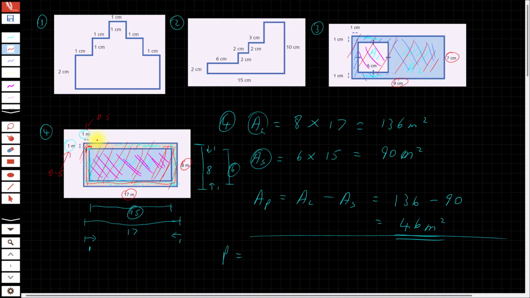So instead of coming in 1, we come in 0.5. That is the same as reducing the total length 17 by 0.5 plus 0.5, which is 1. So 17 take 1 is 16, and 8 take 1 is 7.